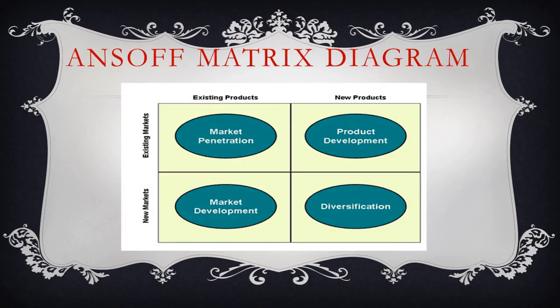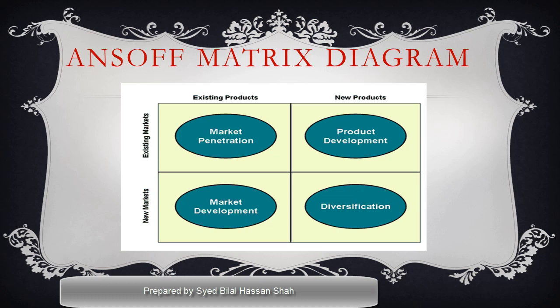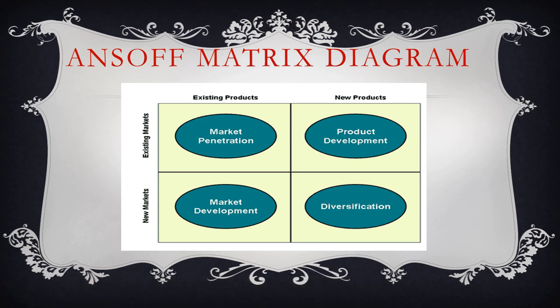Ansoff Matrix identifies four growth strategies. The first one of them is market penetration, sometimes also called product penetration. It is when we are trying to sustain existing products in the existing market. Then the second strategy is product development, when we are trying to introduce new products in the existing market.